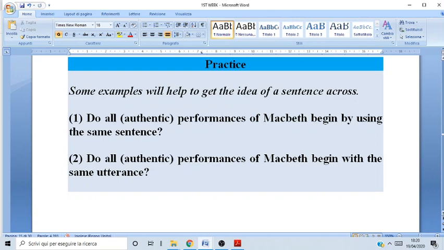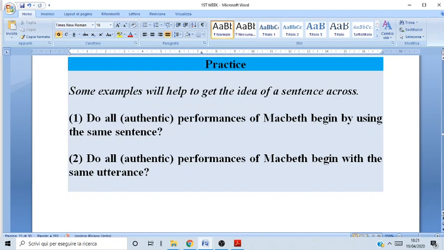If you got the meaning of the words sentence and utterance from the point of view of semantics, you will definitely say that yes, all authentic performances of Macbeth begin with the same sentence, but no, they do not start with the same utterance.